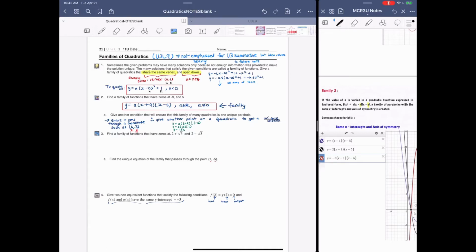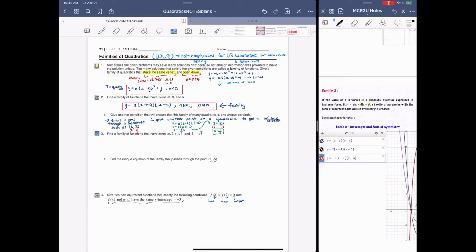I'm not done yet. I need to simplify and get a by itself. And I'm going to do that by getting 3 equals 15a. I'm going to divide both sides by 15. And that will simplify to a equals 1 over 5.